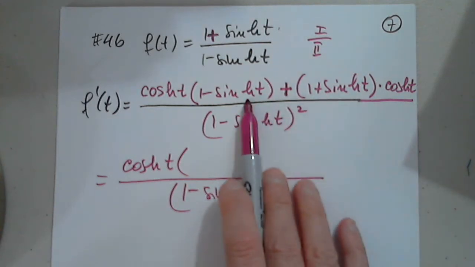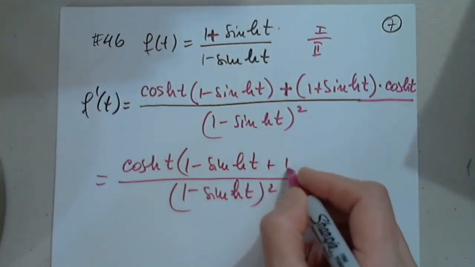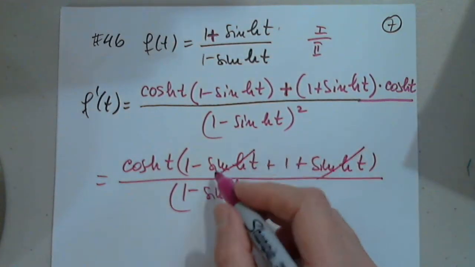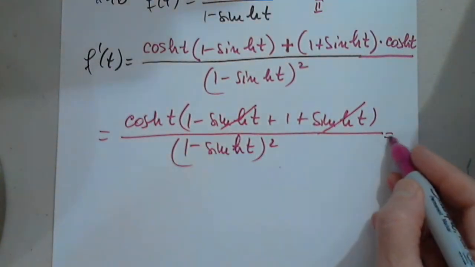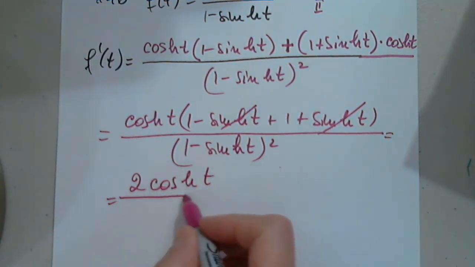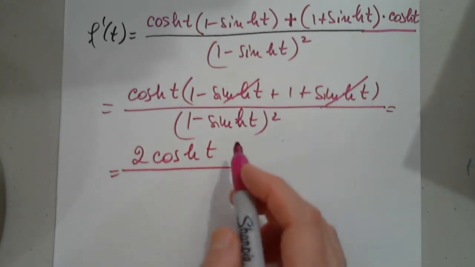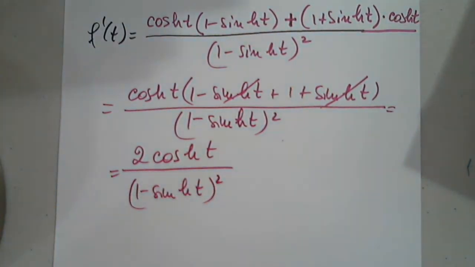So these two will go away. There is a 1 plus a 1. So this will be 2 hyperbolic sine t, hyperbolic cosine t over 1 minus hyperbolic sine squared t.